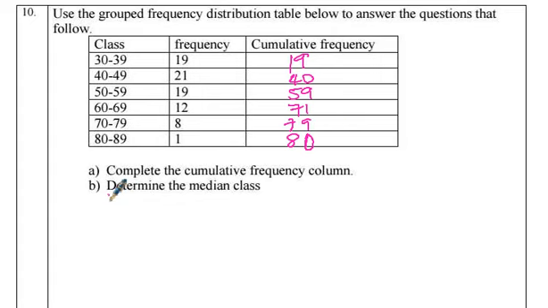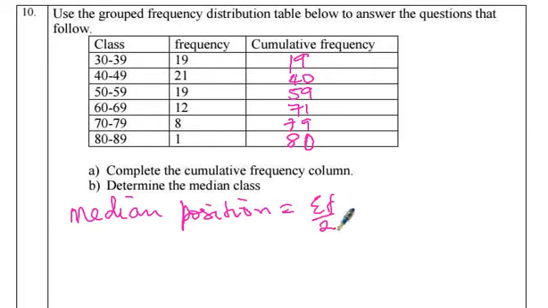Now, part B, we are asked to determine the median class. How do we get the median class? Remember, this is grouped data, so to get the median class, we need to find the median position first. Median position is equal to summation of f out of 2. We are dividing by 2 because we are interested in the middle.